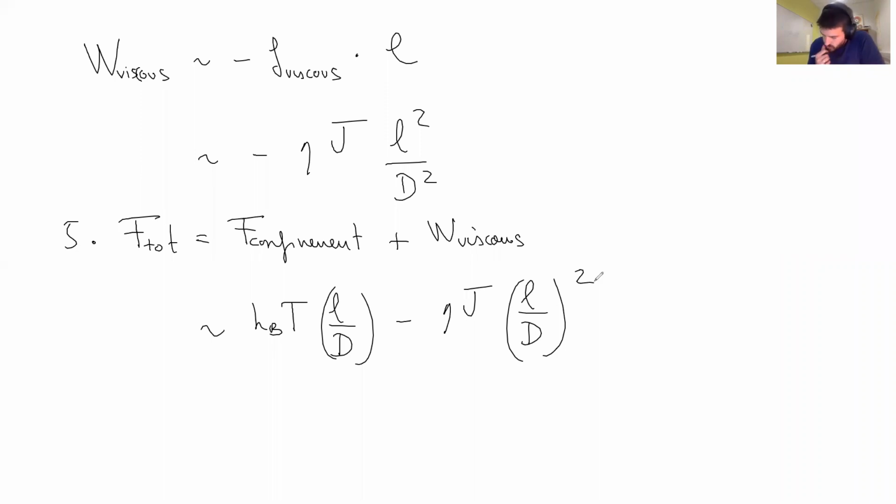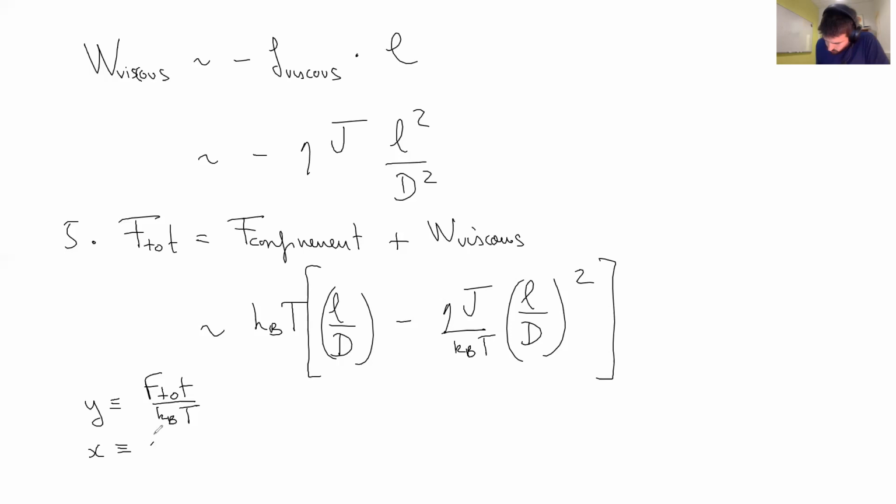So let me just recast this in a dimensionless way. I can basically introduce a rescaled variable. So F tot divided by kBT is the reduced energy. The good variable is this one, L over D. And then we see here that there is a typical flux appearing, so let me introduce it as J_C equals kBT over eta.